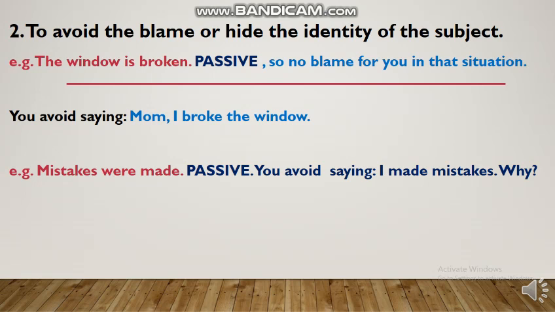I mean, the passive voice helps them get rid of such bad situations. And instead, they say, the window is broken. As well, the second example: mistakes were made. Passive. You avoid saying, I made mistakes. Why? Because you don't like to get into trouble.